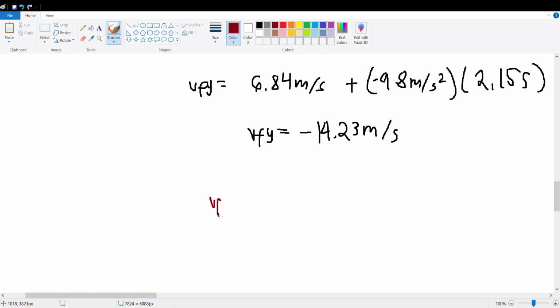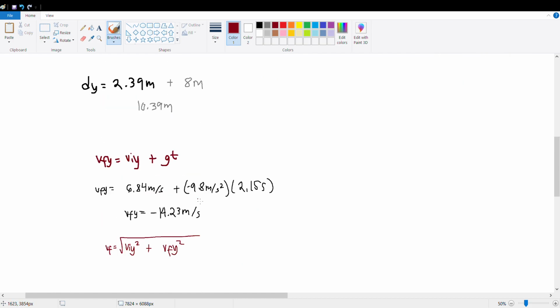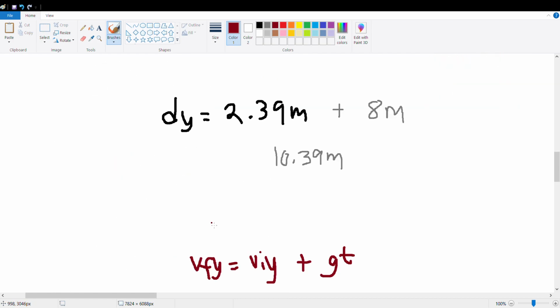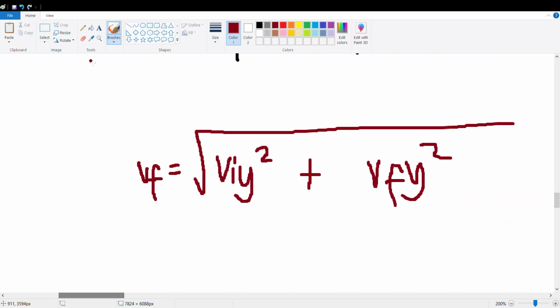Basically like finding the hypotenuse of the triangle. So VF equals square root of VIY squared plus VFY squared, or can be interchanged because oh wait, it's VIX. My bad.